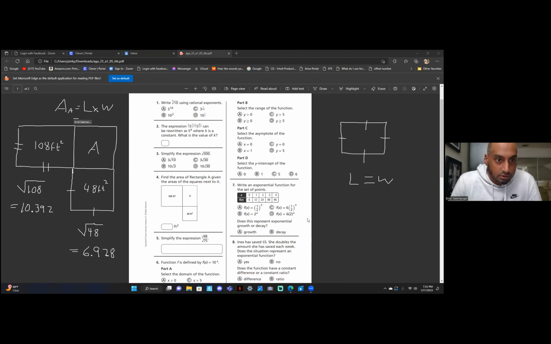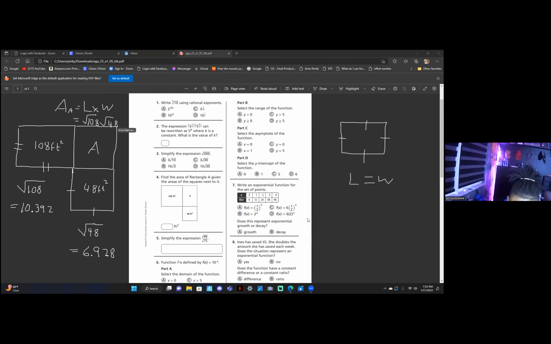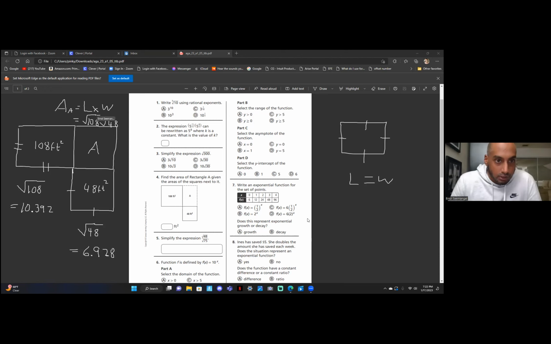Just write it like this actually: root 108 times root 48. Is it 71.995? Well, I'm gonna leave it in exact form. Instead of getting the exact decimal number, we're gonna simplify this.